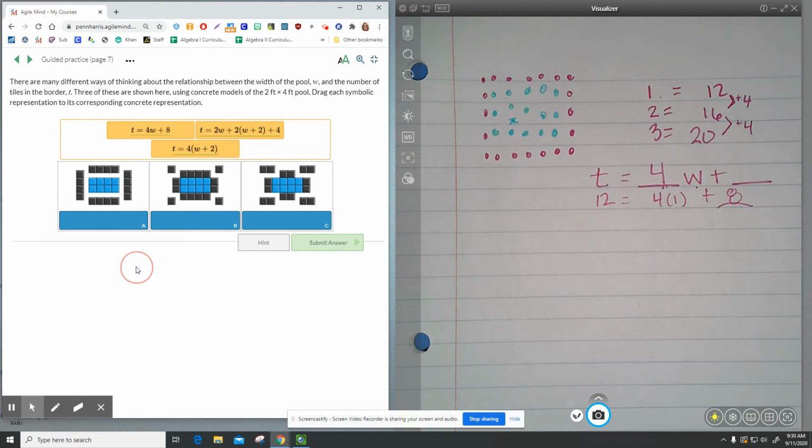Yep. Okay, so here, guys, what they want us to do, they came up with 4 equations that are all equivalent, meaning if we simplified this equation down and this equation down, it would look like this one, okay? But what they want us to do is say, which one of these concrete models that they've broken apart matches this, okay?